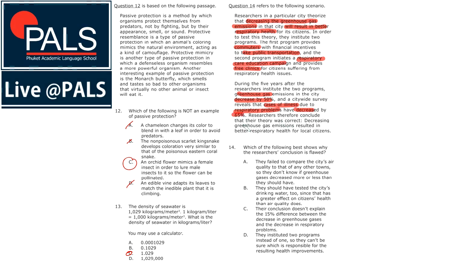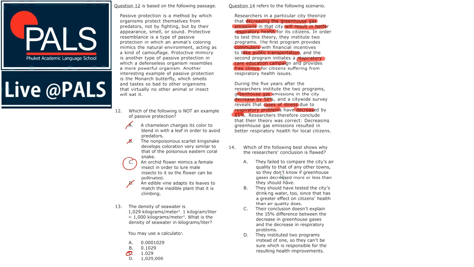Researchers therefore conclude that the theory was correct. Decreasing the greenhouse gas emissions resulted in better respiratory health for local citizens. Which of the following best shows why the researchers' conclusion is flawed? So what's the problem with the experiment?